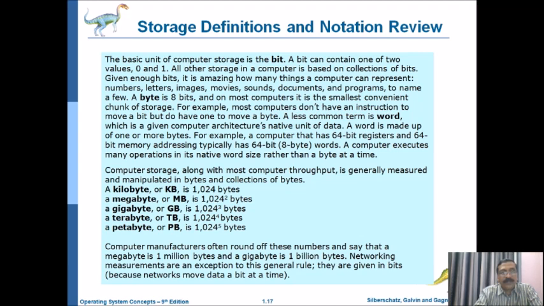When you say kilo, you would normally think of 1000, but in memory terms, kilo is 1024. So 1 kilobyte of memory means 1024 bytes, and 1 megabyte is 1024 raised to 2 bytes. Then giga is 1024 to the power of 3, terabyte is 1024 to the power of 4, and petabyte is 1024 to the power of 5. So that is the memory capacity.